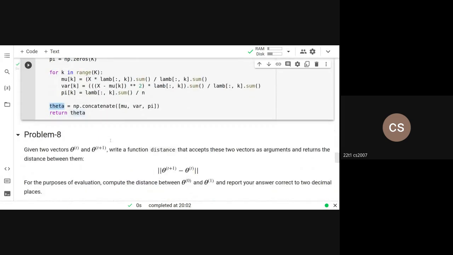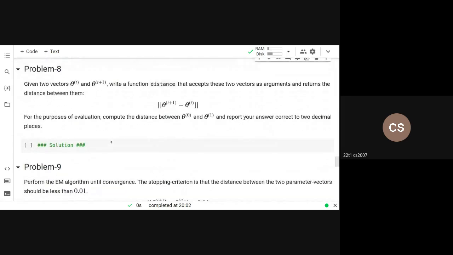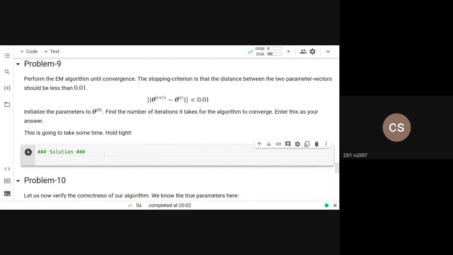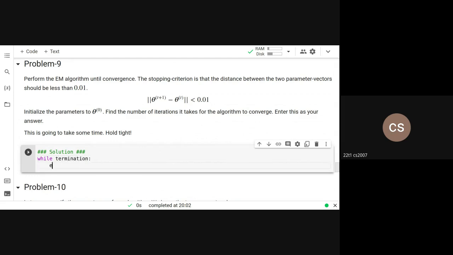Once you have the m step, you just need to do the EM algorithm. So I'll quickly write the EM algorithm. Initialize theta, of course, so theta equals init. While termination, and I'll tell you what termination is: first, perform the E step on x comma theta, that will give you a lambda.